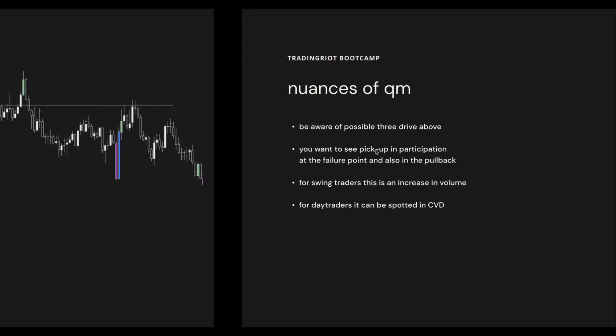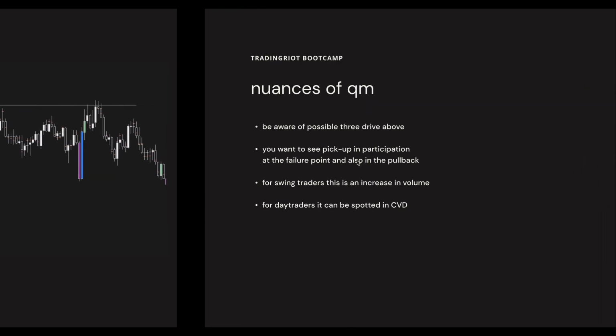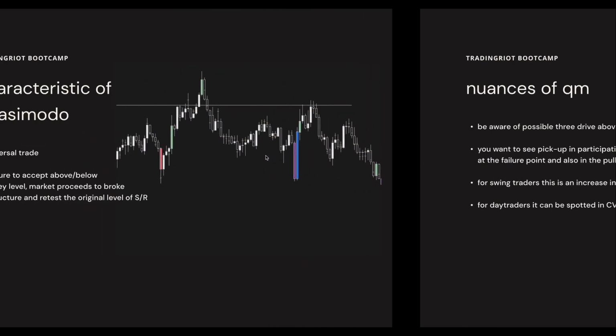You want to see a pickup in participation at the failure point and also in the pullback. So this is your high volume or high delta. The market breaks the level, you have an increase of buying at the high, and there is a failure to hold it. Once the market is pulling back into the level, you have once again an increase in participation to the upside.